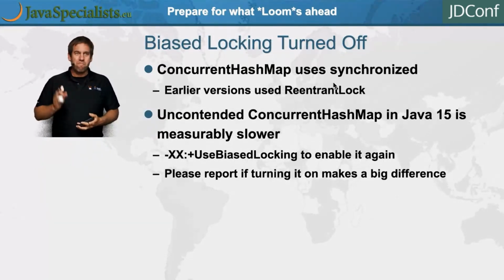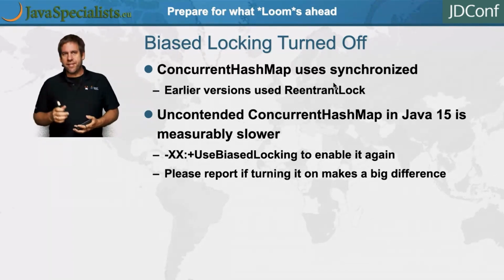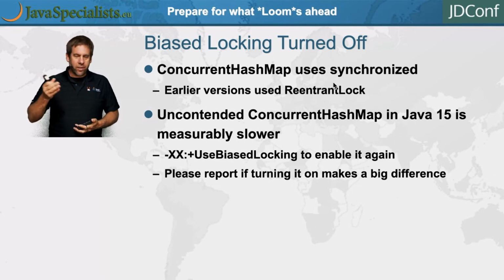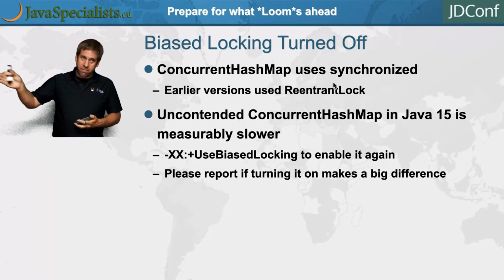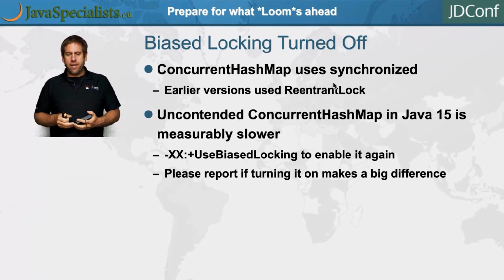Another thing which might have an impact on your system is that biased locking is turned off by default. I understand that biased locking does complicate things quite a lot, and so they've said let's not keep on supporting that going forward. Biased locking should not have a huge impact on your performance.